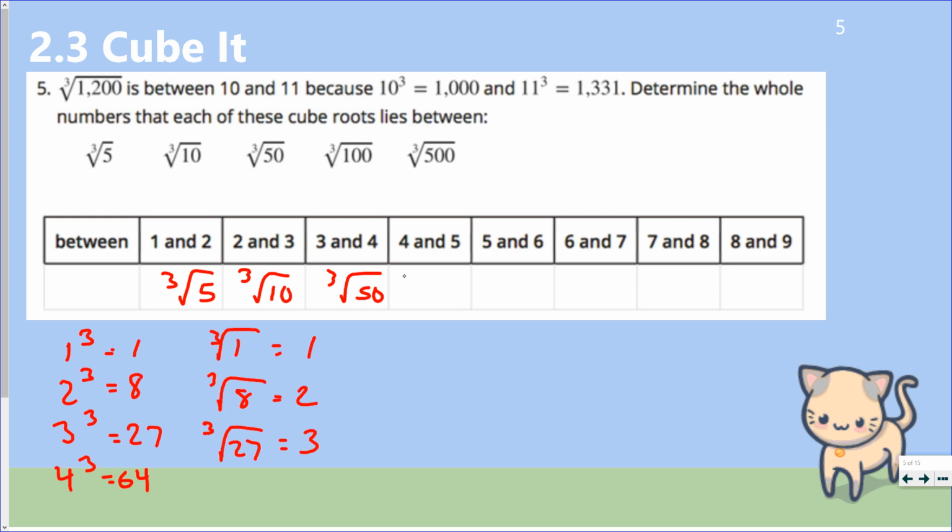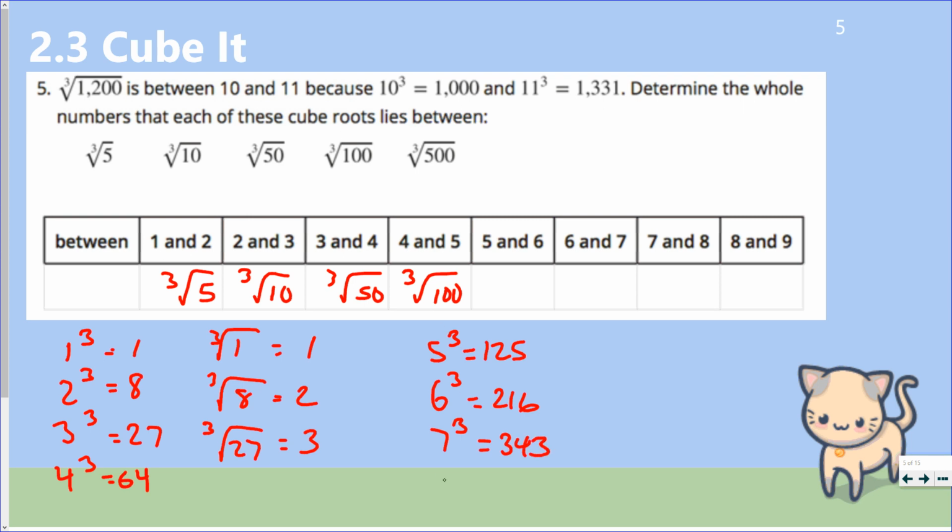Now for 4 and 5, is it going to be the cube root of 100? Well, let's see the next one: 5 to the third is 125. So yes, certainly this will be between 4 and 5. What about the cube root of 500? Well, the next few after this are 216, 343.